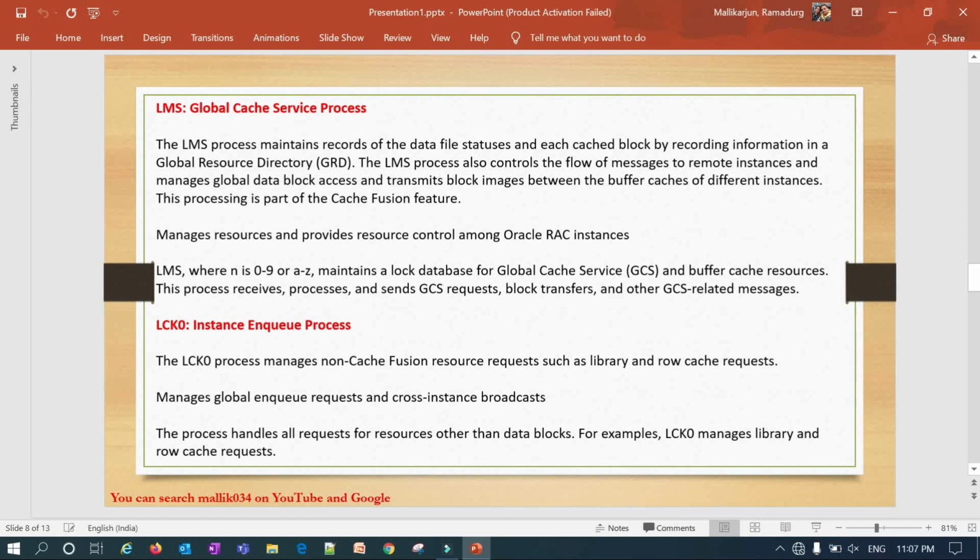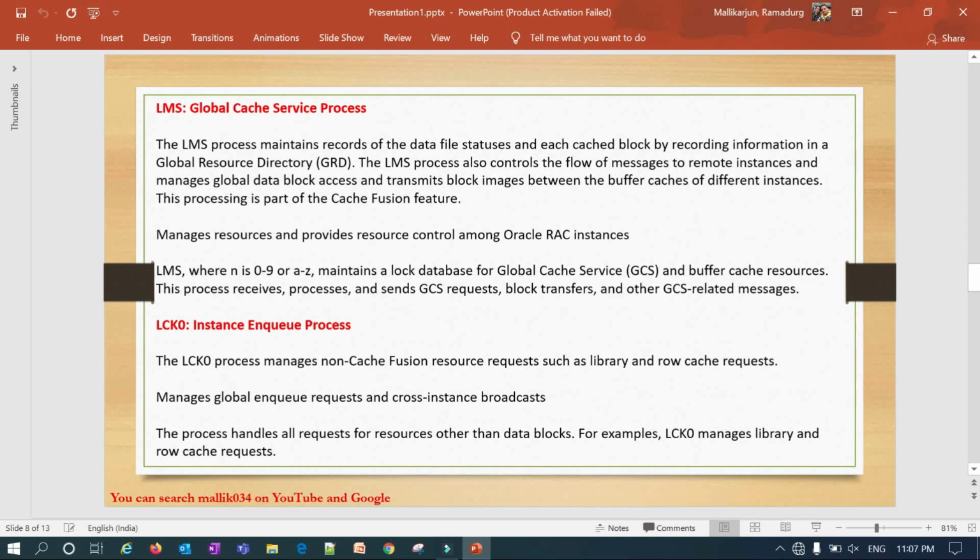Without the help of LMS, the remote instance cannot get the block from the other instances. This mechanism we already discussed: cache fusion, the block transmission between the buffer caches in a RAC environment over the clusterware, is called cache fusion. So LMS closely coordinates with cache fusion.